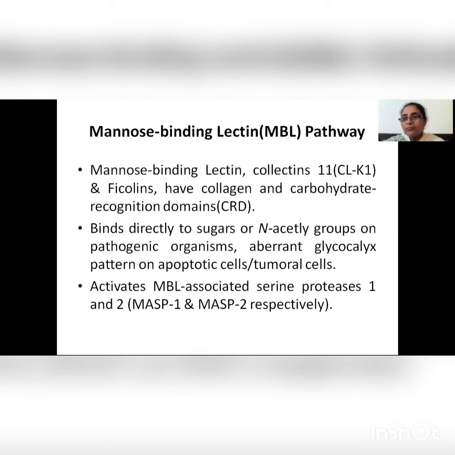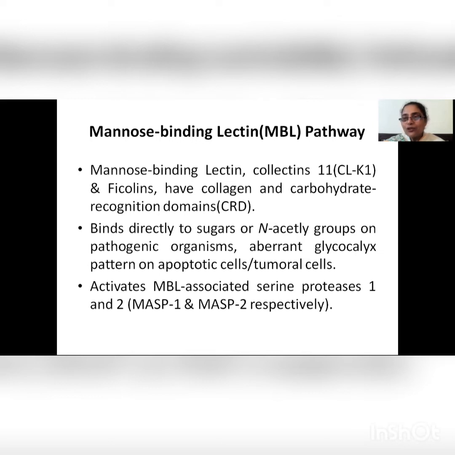So these mannose binding lectin molecules are a group of collectins which are synthesized in the liver and present in serum. They have the ability to recognize all those pathogenic and apoptotic cells as well as tumor cells.